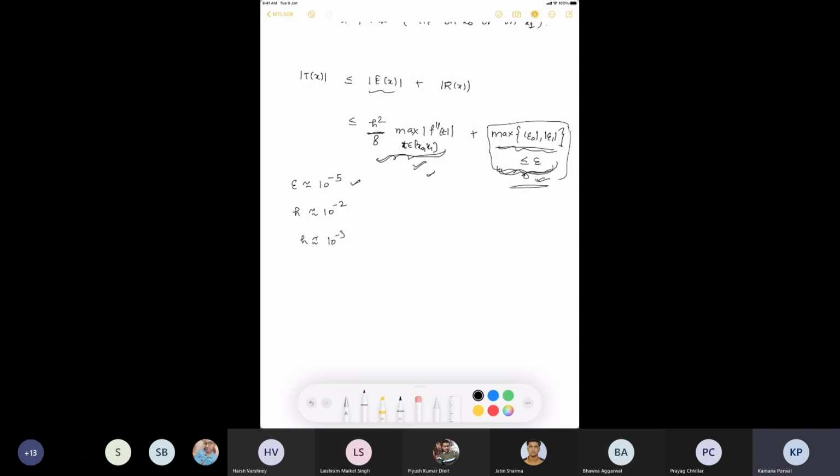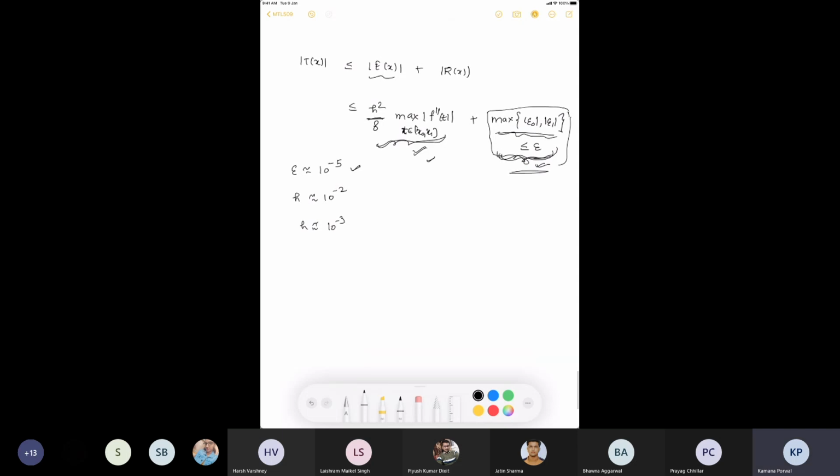Theoretically this might not look so significant, but when you implement this on computers, it really creates a huge difference, because sometimes you expect that your errors would be of order 10 to the power minus 6, but then you don't observe the same numerically. There might be some round-off error present, which really affects your total error.